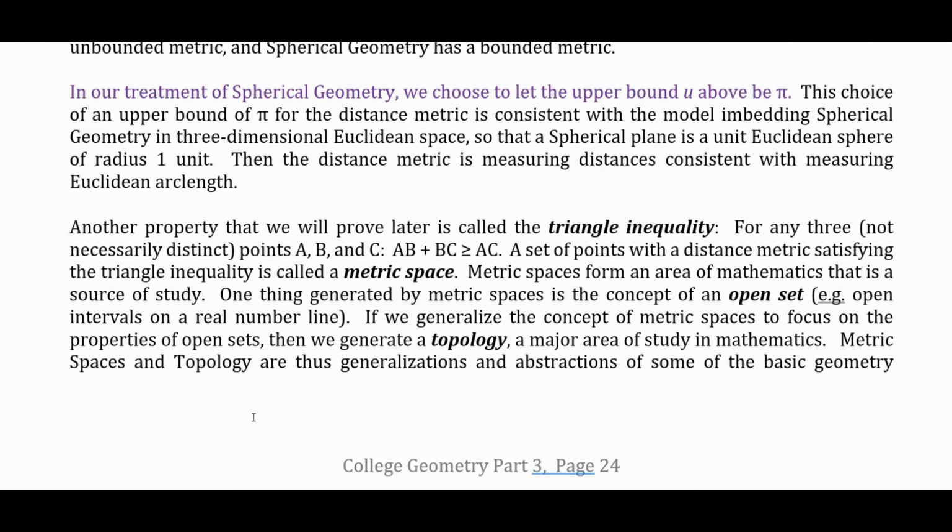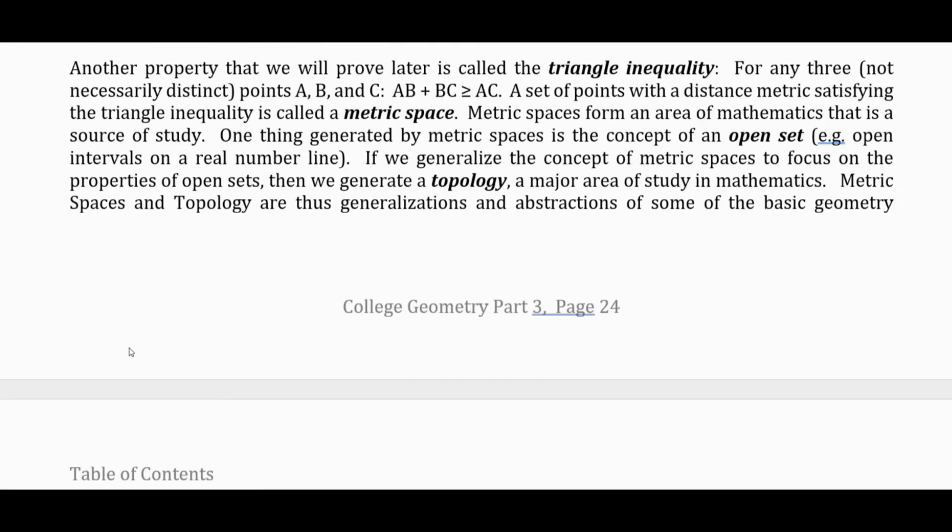One thing generated by metric spaces is a concept of an open set, for example, open intervals on a real number line. If we generalize the concept of metric spaces to focus on the properties of open sets, then we generalize to a topology, which is a major area of study in mathematics. Metric spaces and topology are thus generalizations and abstractions of some of the basic geometry concepts that we're studying here.